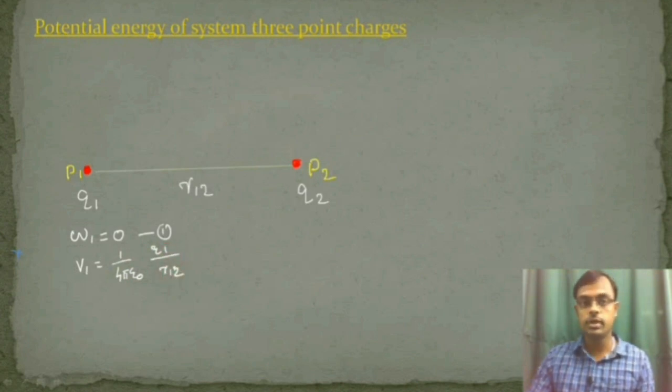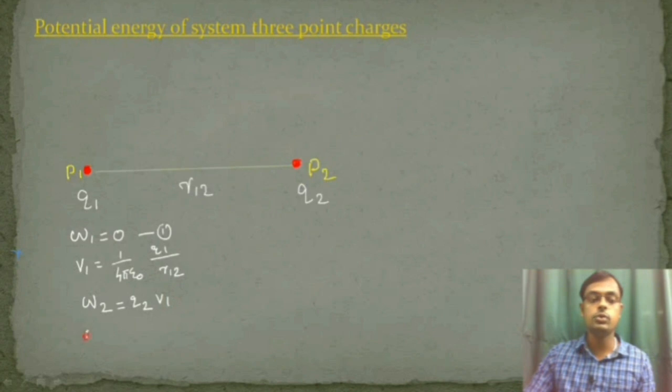Now which charge are you bringing? Q2. So how much work has to be done? I can write here W2. To bring the charge Q2, W2 is equal to Q2 times the potential at P2, that is V1.